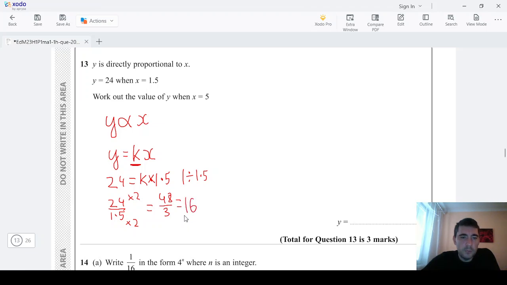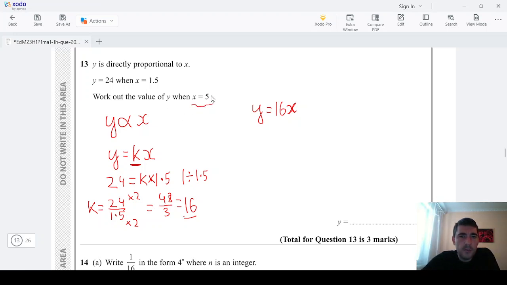Okay, so now let's plug that 16, because that was our k, into our proportion. So the equation for our proportion is y equals 16 times x. The question asks to work out the value when x is 5.